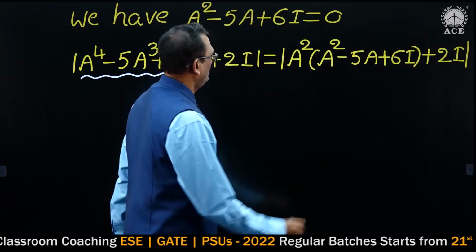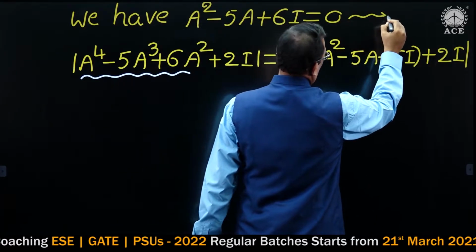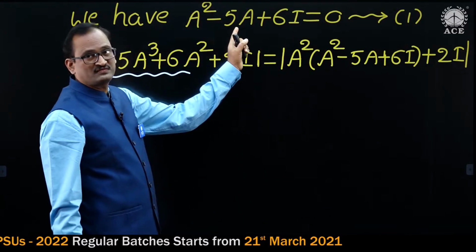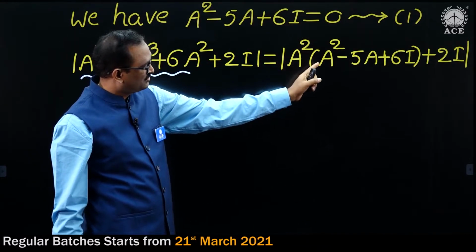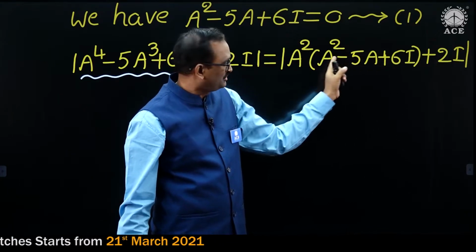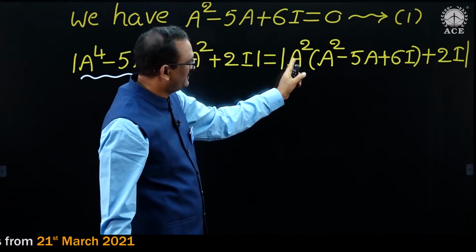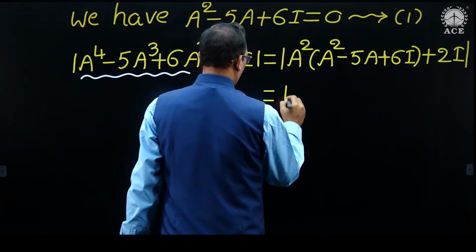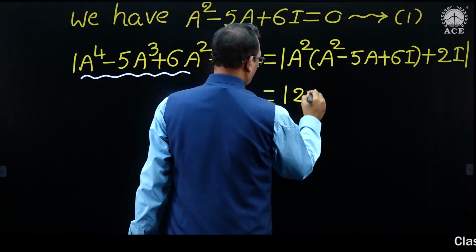Now you observe from equation number 1, A square minus 5A plus 6I is equal to 0. So this part is 0, 0 into A square, 0. So this is equal to determinant of 2I.